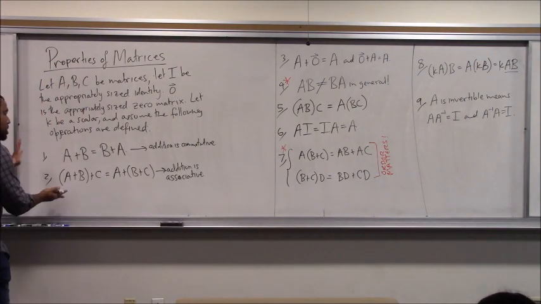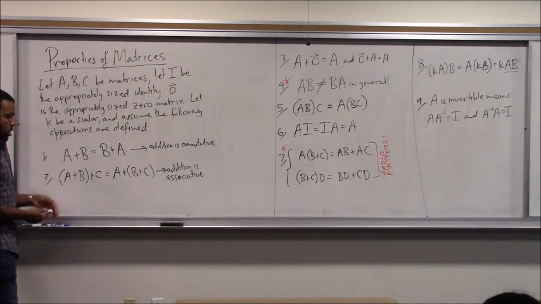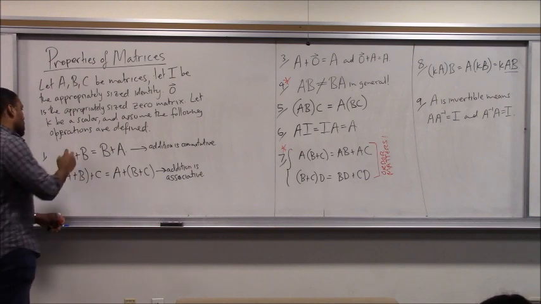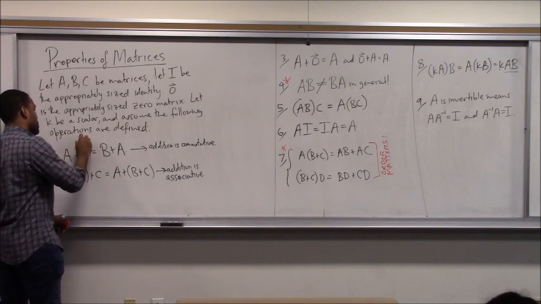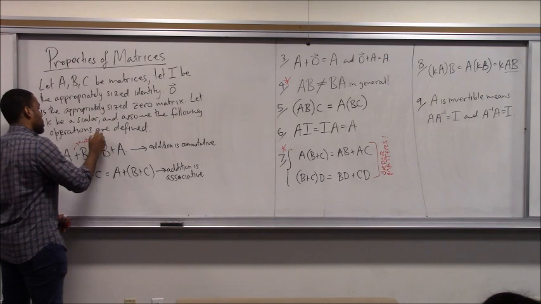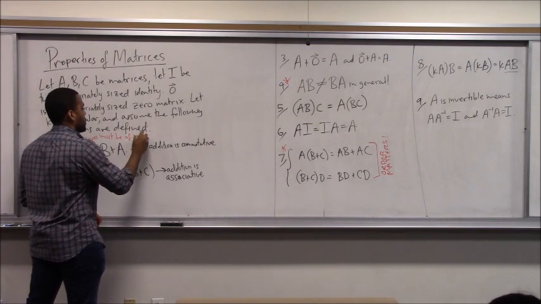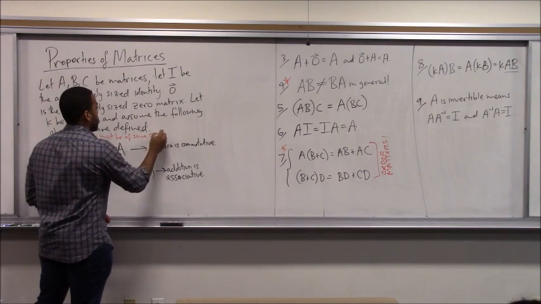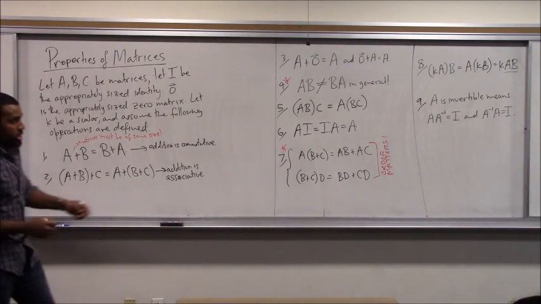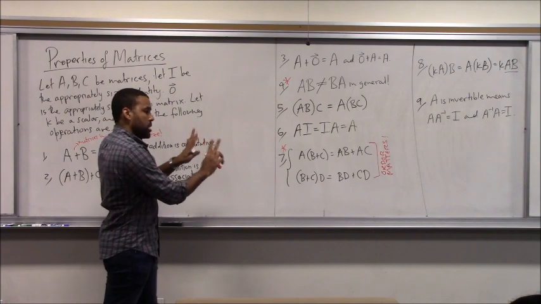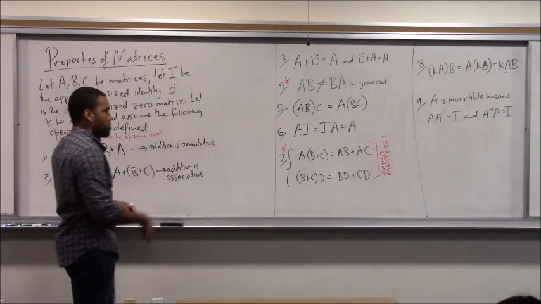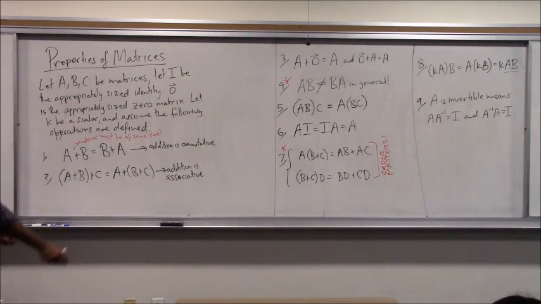So when it comes to addition of matrices, remember one thing for addition though. The matrices have to be of the same size. We looked at that last time. Matrices must be of the same size. So they must have the same number of rows and columns. For multiplication, they don't have to be of the same size, but the dimensions must line up a certain way. The inner numbers must match up, and the outer numbers give you the answer.